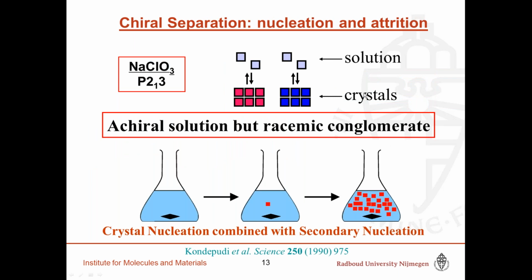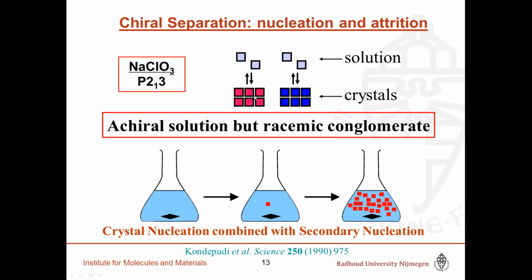Now let's look at the classical way of chiral separation, and it is by nucleation and attrition. If you would start from a saturated or, rather, supersaturated solution of a salt, for instance, and in this case I choose sodium chlorate, which is in the crystals chiral, that is to say you have left-handed and right-handed crystals, although in solution the ions are simply achiral.